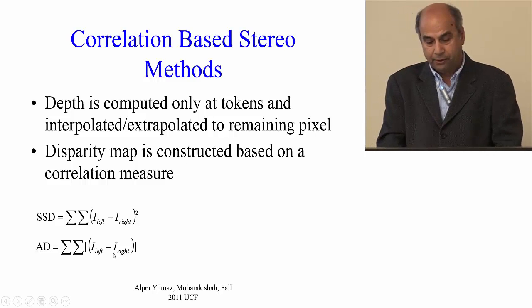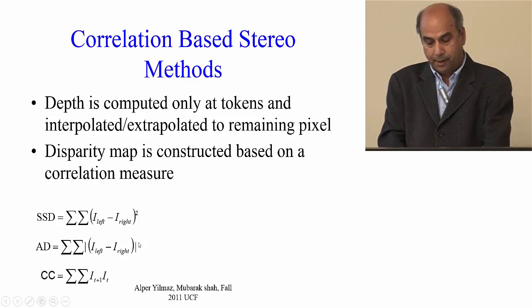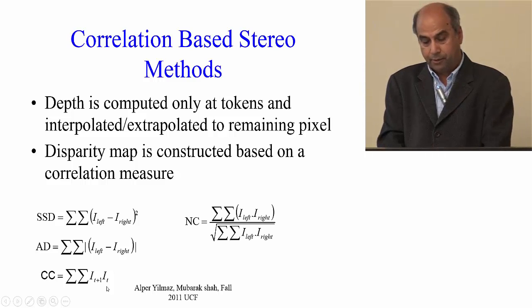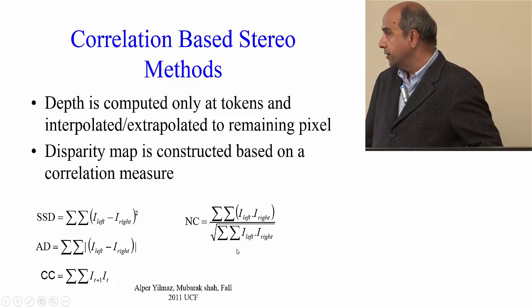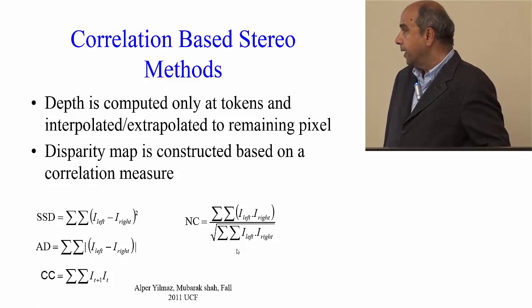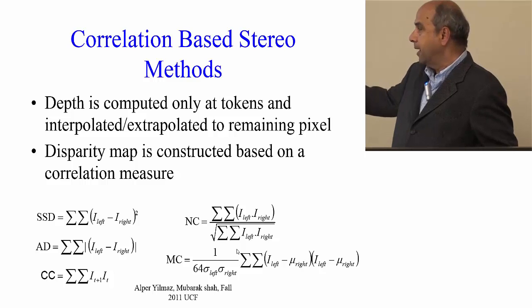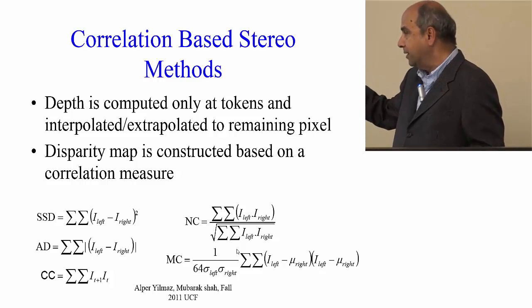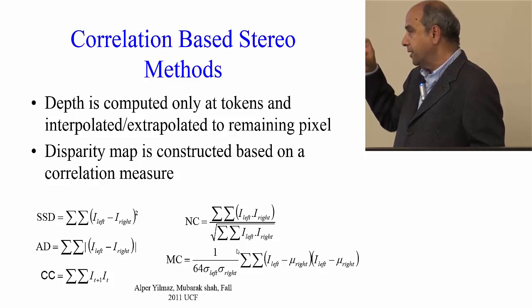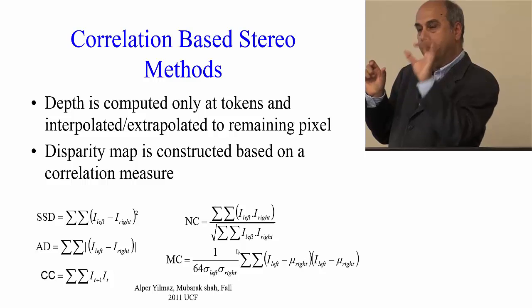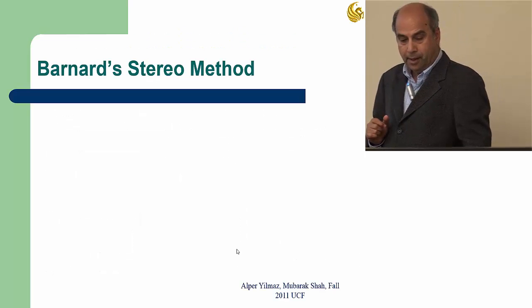This is one way of correlation, sum of squared differences. Instead of squaring, you can look at the absolute difference. You can multiply, which is real correlation, multiplication as we talked about. You can normalize it, do this correlation and then divide by this term. And there's another normalized correlation where you look at the mean and the standard deviation of a patch here and a patch there. It's a different measure to match a patch from here to there.